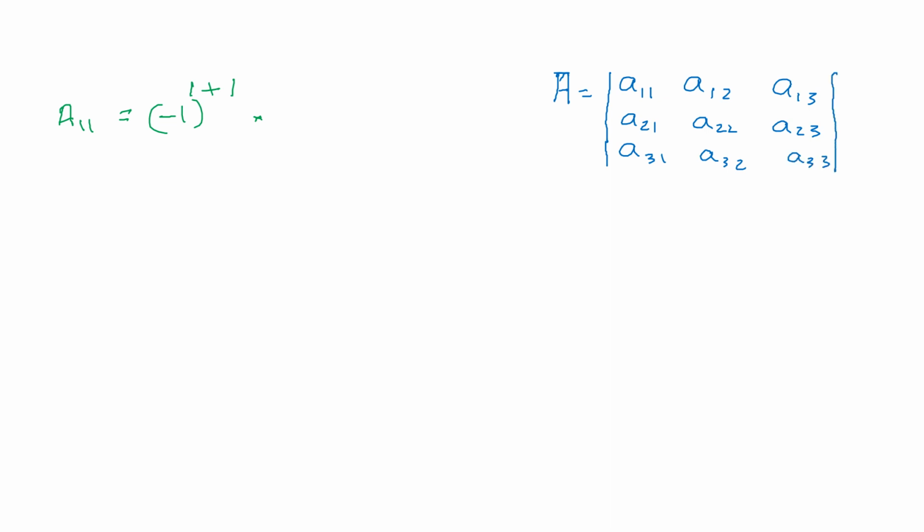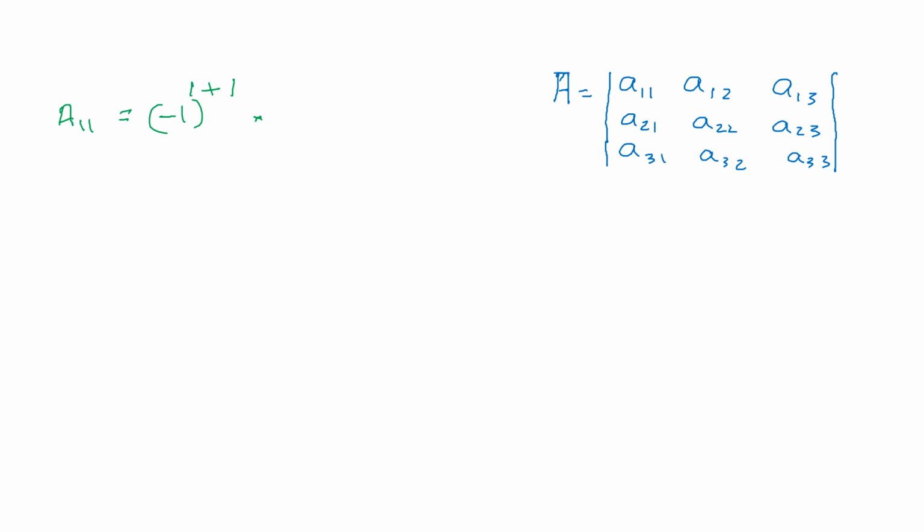Now you know the formula for finding the cofactor, minus 1 to the power I plus j. In this case it is 1 plus 1 into the minor of A11.